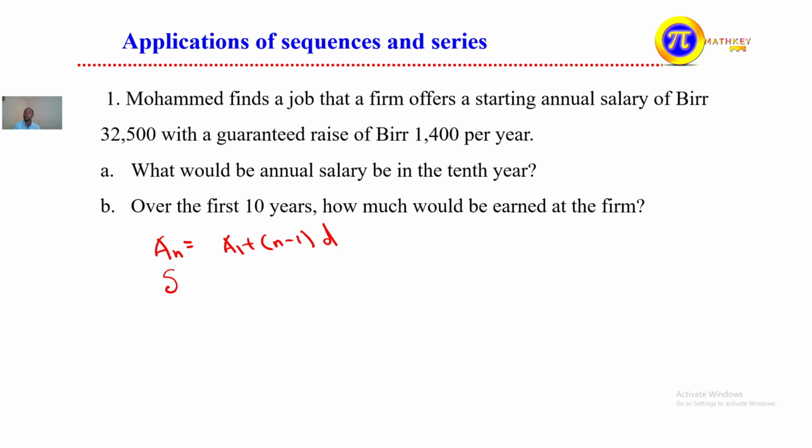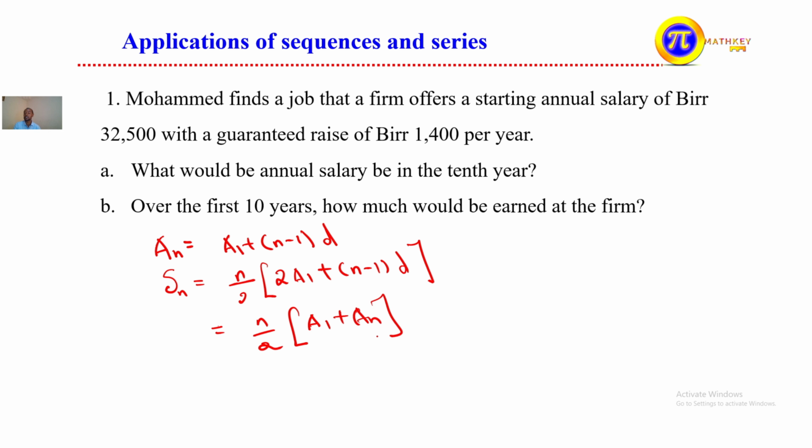The sum of the first n terms is n over 2 times (twice A1 plus (n minus 1) times d), or n over 2 times (A1 plus the nth term). Remember these to find the nth term as well as the sum of the first n terms of an arithmetic sequence, with first term A1 and common difference d.